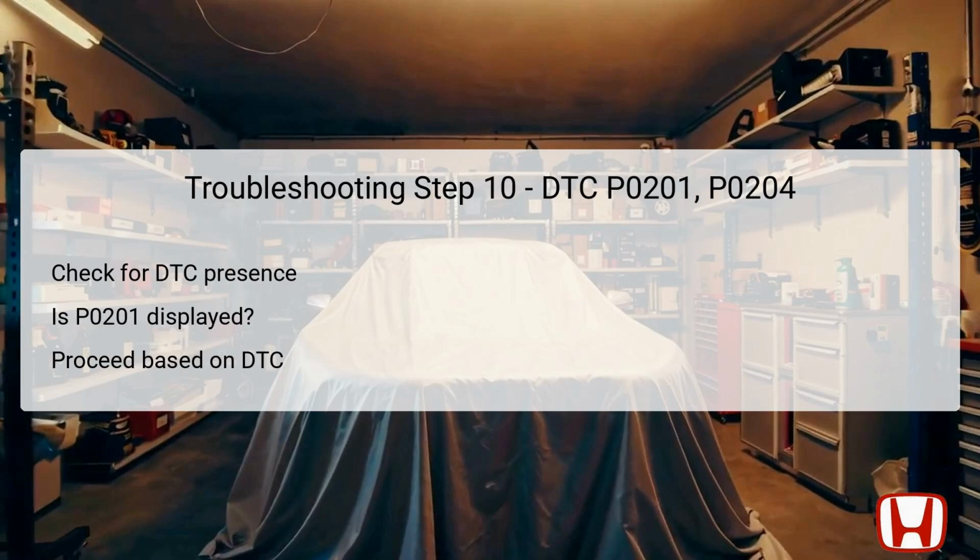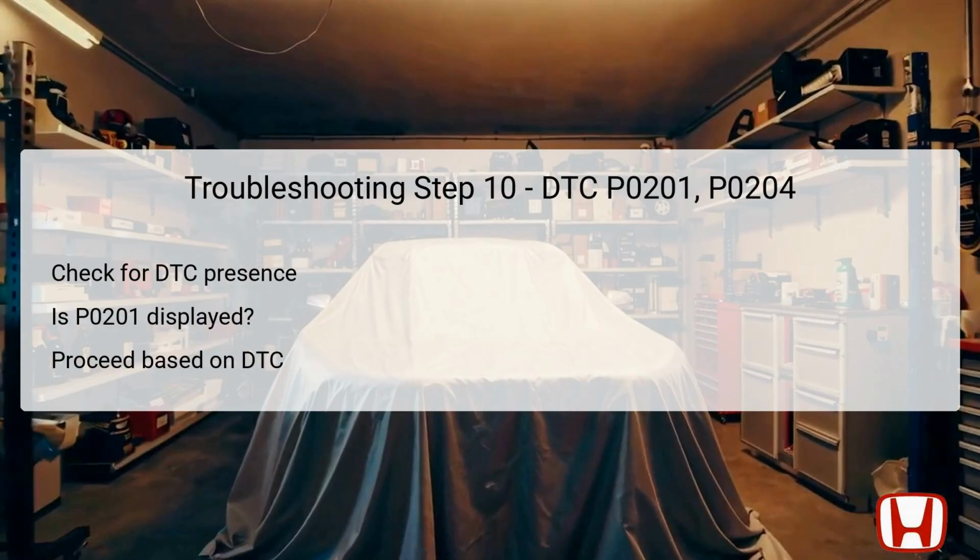At this stage, check for the presence of DTCs again to determine if P0201 is indicated. This crucial step allows you to reassess the situation based on any previously identified issues.